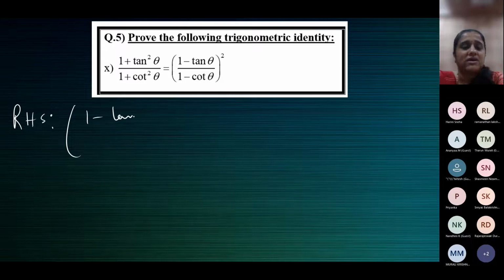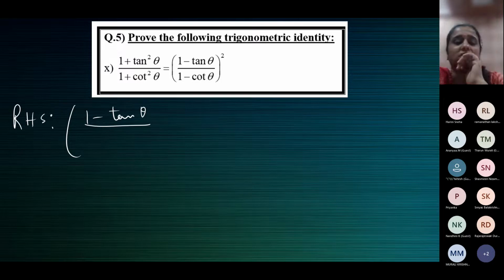1 minus tan theta. I told you, if there is tan and cot, you can convert cot to tan or tan to cot, or you can write both in terms of sin and cos.